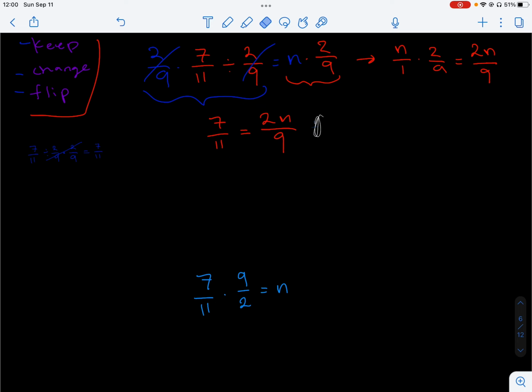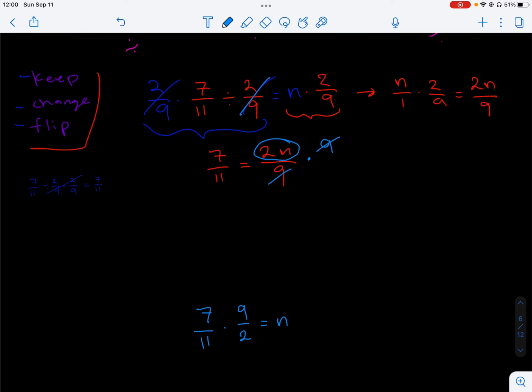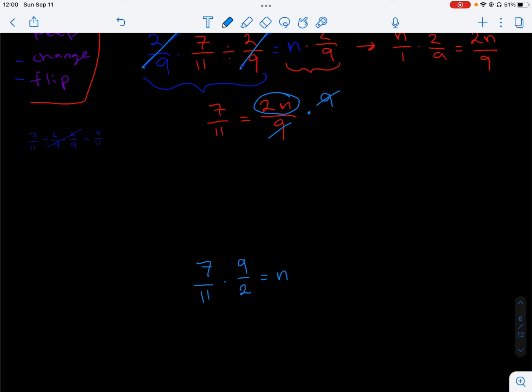But I do want to get n by itself once more. So if I have 2 times some number and divide that by 9, if I multiply by 9, I'm essentially undoing the 9s, just like I was undoing this division by multiplying by that same fraction.